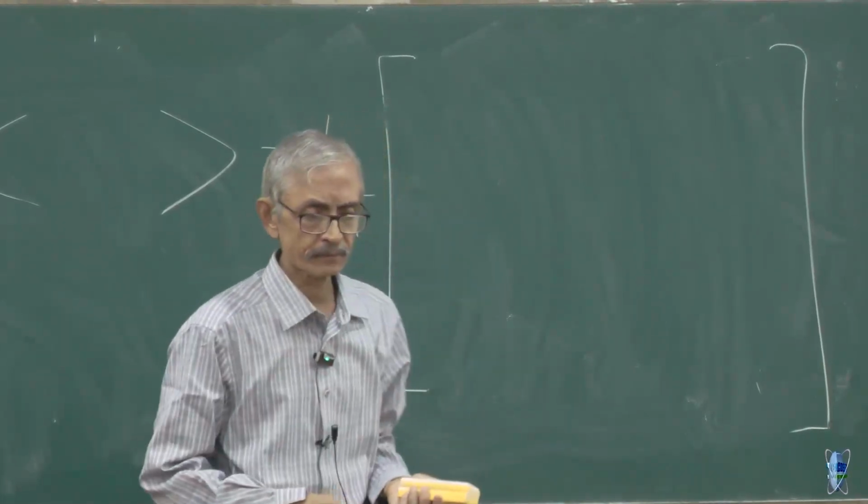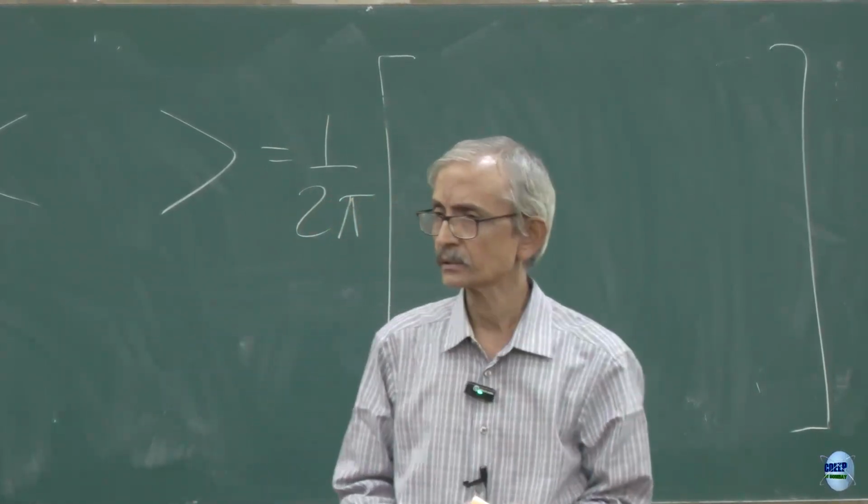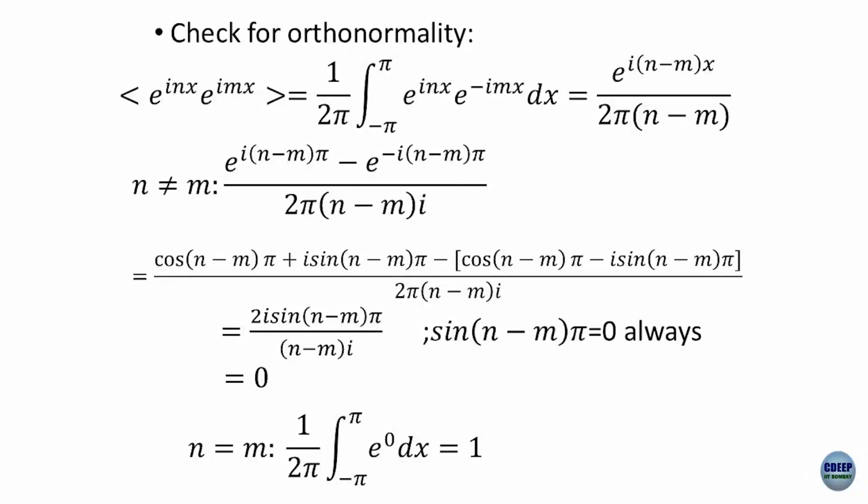So how should I check whether it's orthonormal or not? n equal to m. If I put n equal to m there, you can easily see that e to the power of i n, e to the power of minus i n is going to be equal to 1, and then 1 by 2 pi integral minus pi to pi of 1 is going to be equal to 1.